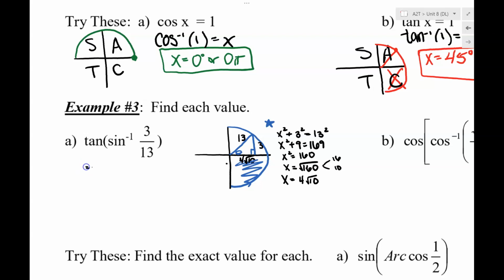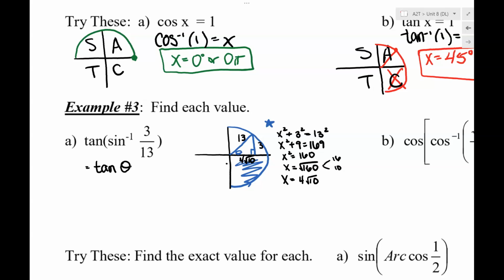What matters is that we were able to find the quadrant in which theta was lying. Since it was inverse sine of a positive value, theta is in our first quadrant. So we drew our triangle as if it existed in the first quadrant, wrote the sides of the triangle we knew, which was the opposite leg and the hypotenuse because it's inverse of sine, and then we used the Pythagorean theorem to find the missing leg.